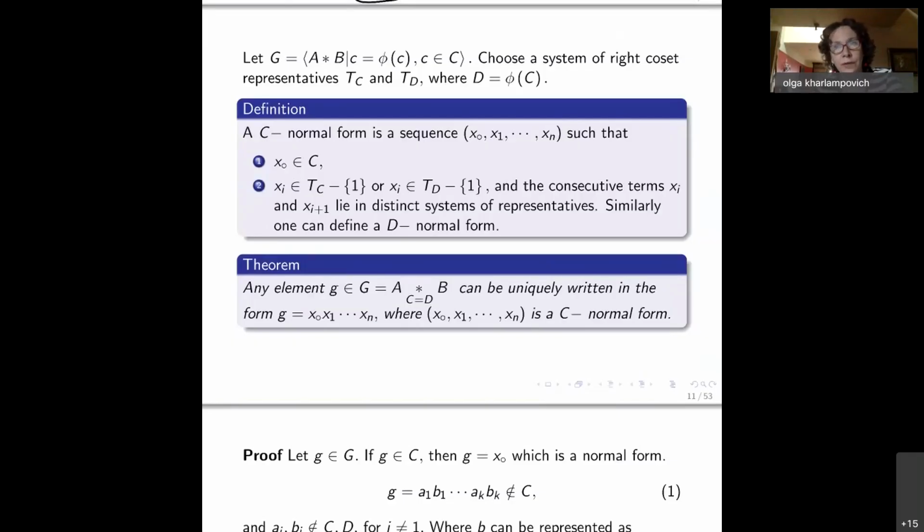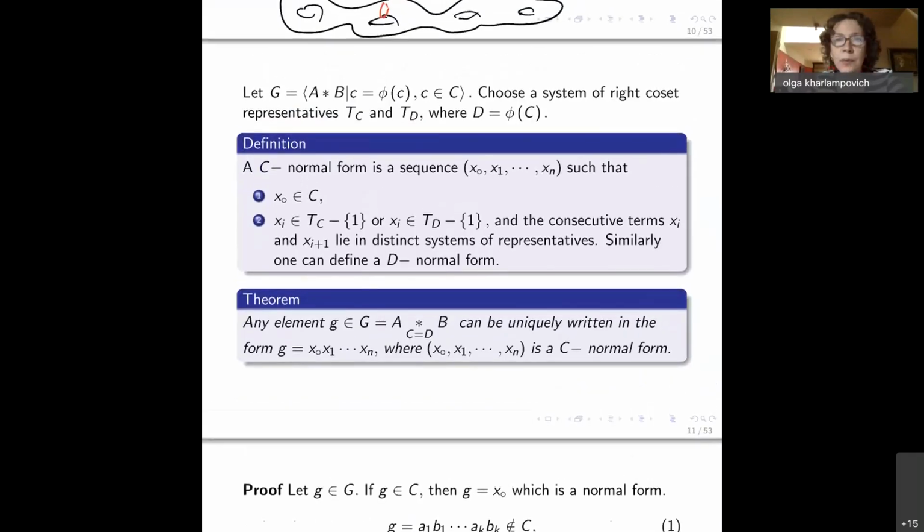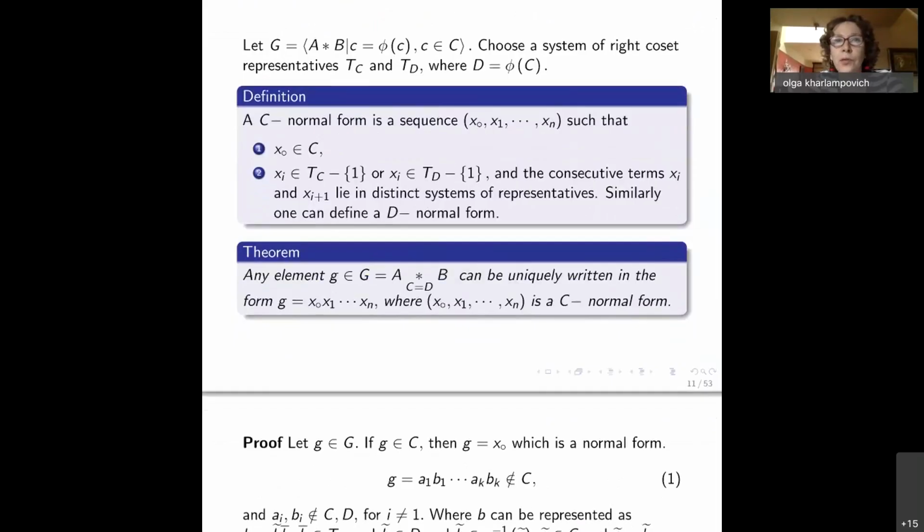And also, in some cases, when a group acts on a tree with some additional conditions, we get that this group can be split as an amalgamated product. It's going to be a bit technical, but I think it's probably necessary. So suppose we have an amalgamated product of A and B.